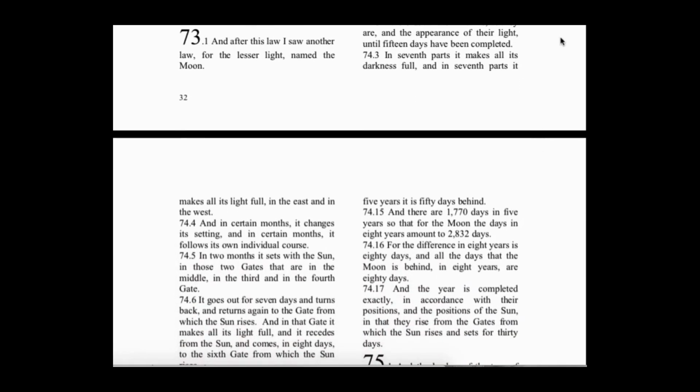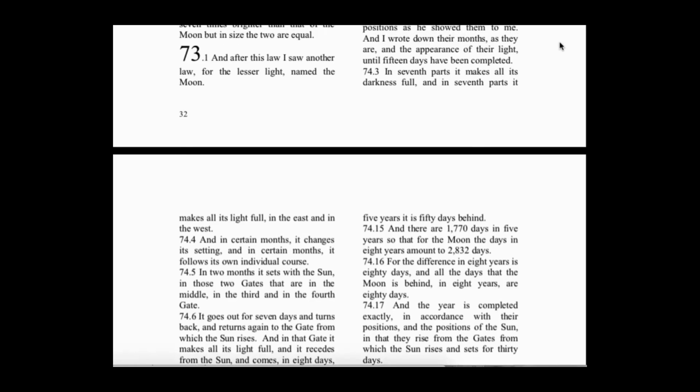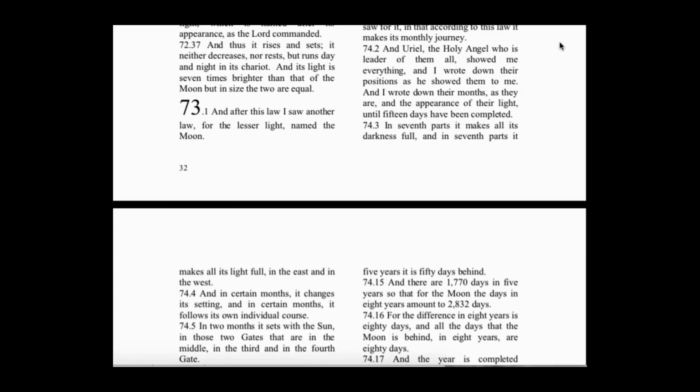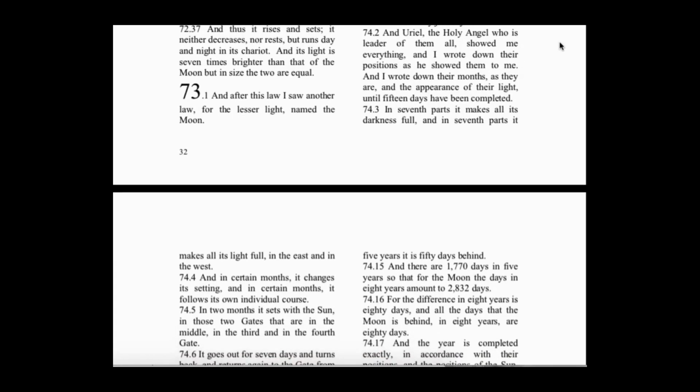So, like I said in the video last week, the 15 days, which is the 15th of the month, because they're talking about the month right now within point 74.2. Okay.